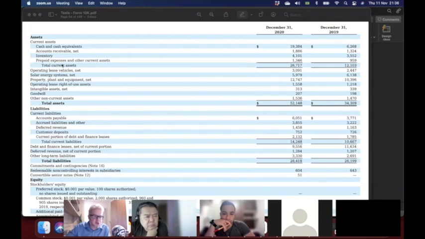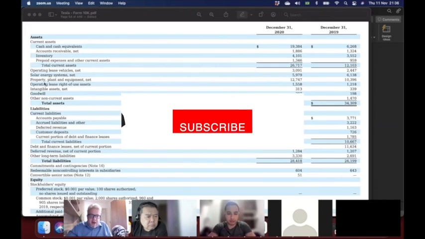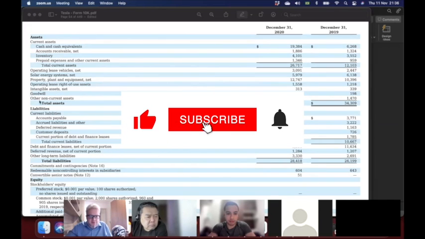And then they have the solar energy systems. They have a huge number in property, plants, and equipment, in ativo imobilizado, because they have these gigafactories, these big plants. So a lot of money here in fixed assets, in PPE. Then we have intangible assets, we have goodwill.